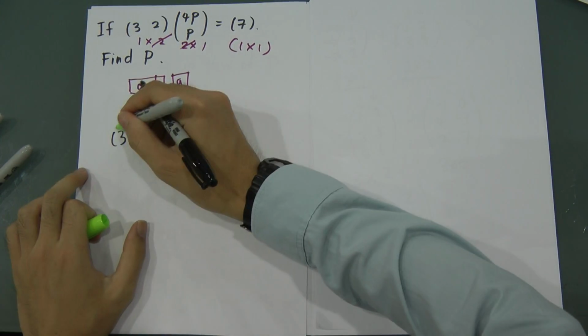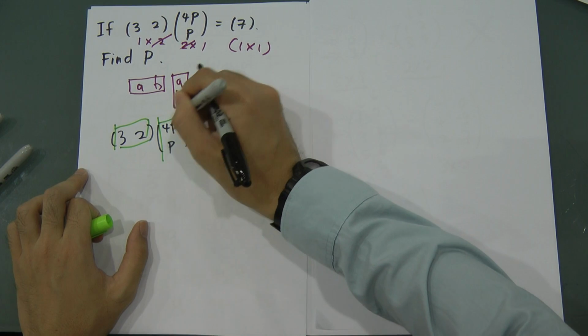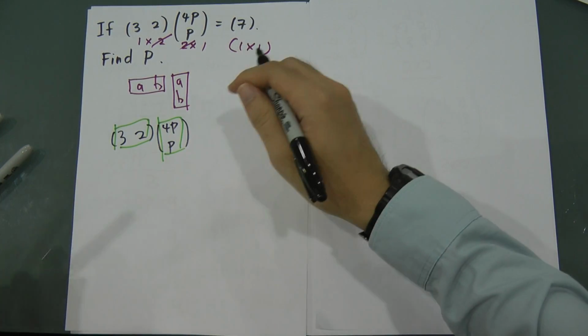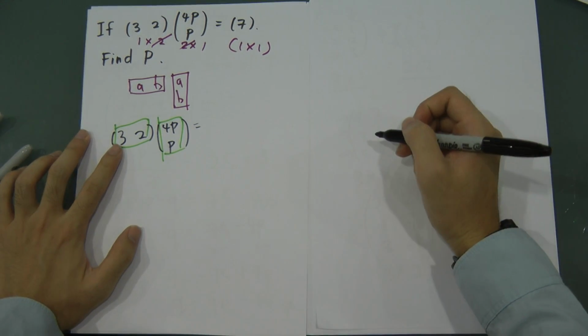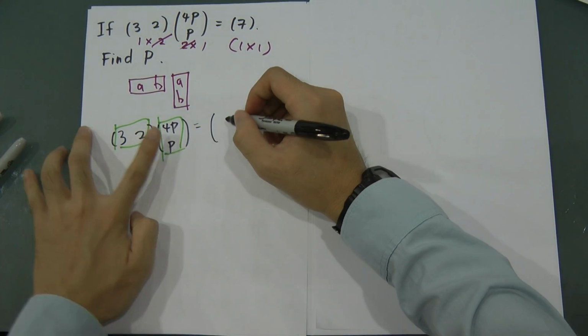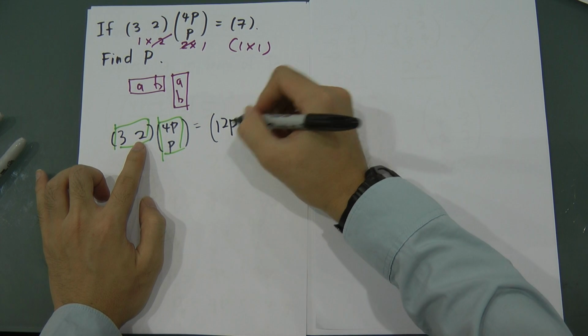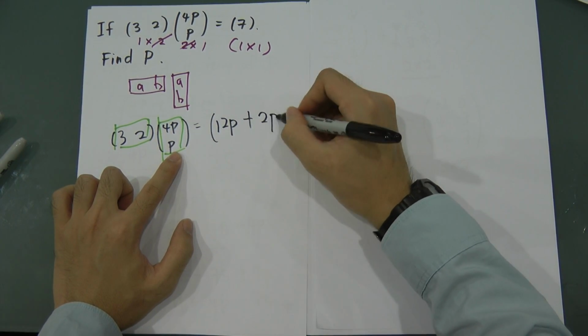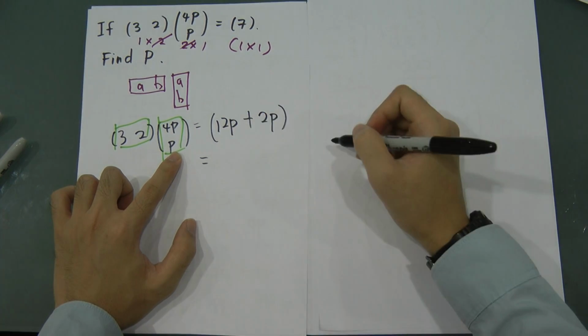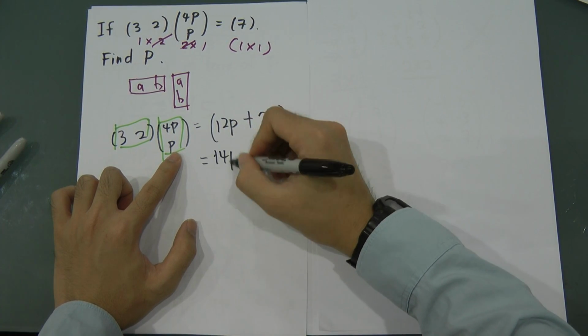Therefore, I have my horizontal multiple vertical. Okay, so therefore it's very simple. 3 multiple 4p, I got 12p, plus 2 multiple p is 2p. So this one will give me 14p.